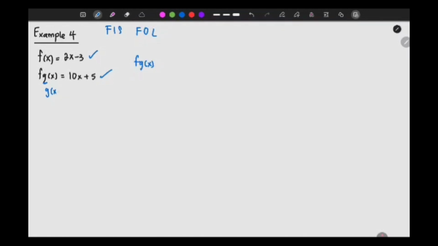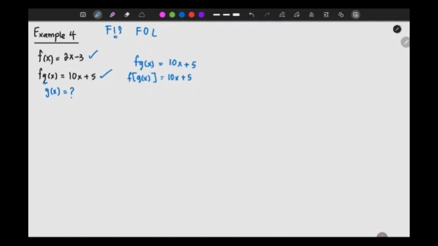So what's your fg(x), huh? 10x plus 5, isn't it? We always start from the composite function, okay? And then the next step is always the expanding. So f(g(x)). When we expand, it becomes 10x plus 5. Just copy paste. And remember, this one is inside. Your g(x) is inside. So you should substitute.